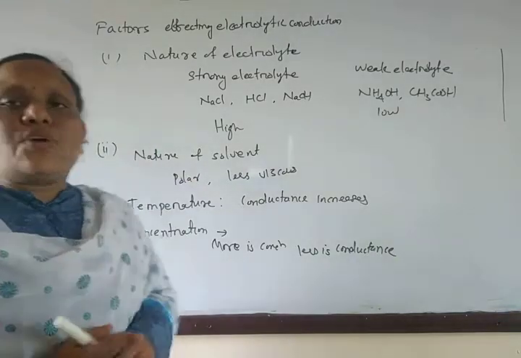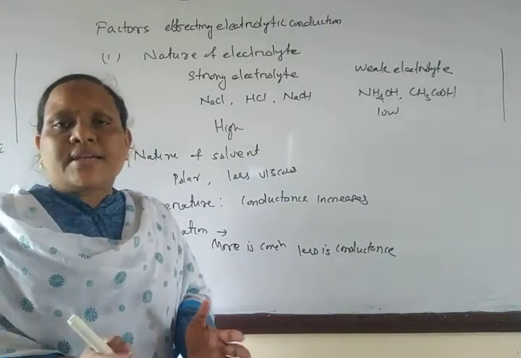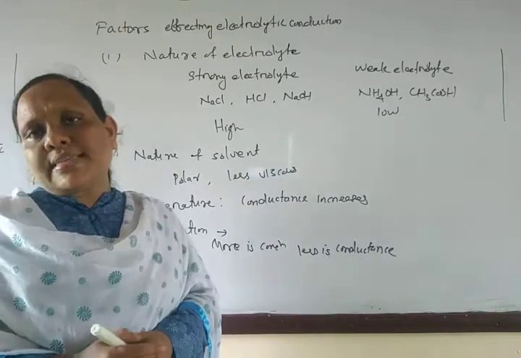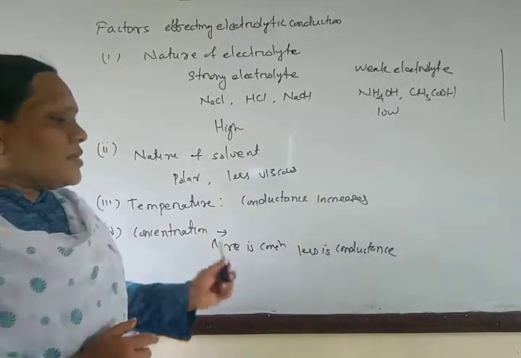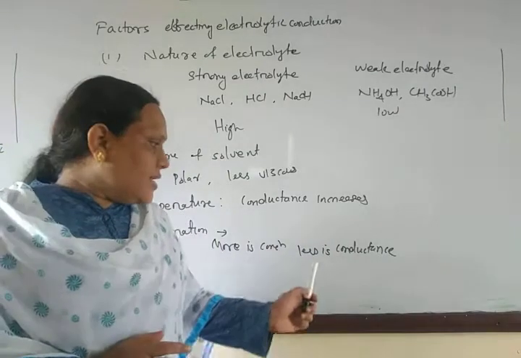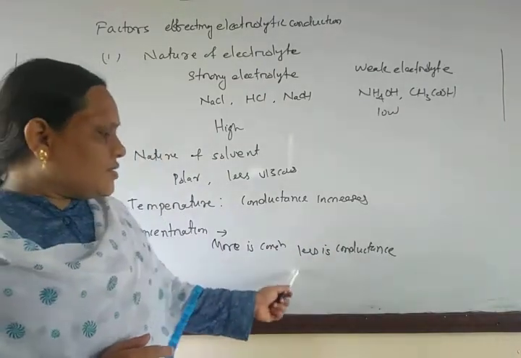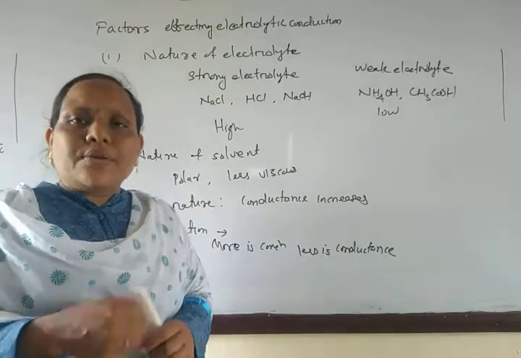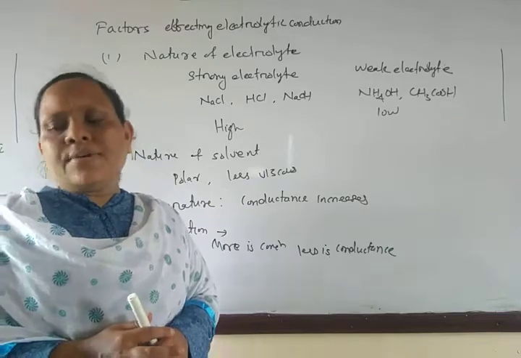Similarly, in case of strong electrolytes, if the concentration is high, then the inter-ionic distances generally become less. Hence, with increase in concentration, the conductance value generally decreases. More is the concentration, less is the conductance value. That means if you dilute it, then the conductance value increases.